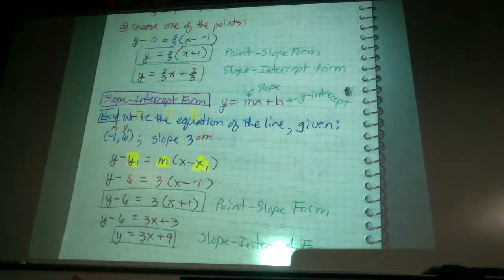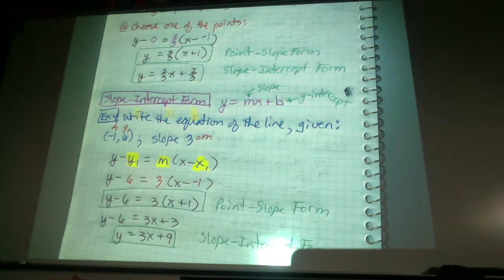And then share your display with those around you. If somebody doesn't have their calculator, you need to get with somebody who does and see what they're doing. Because this is part of what you're going to have to do on your homework tonight.